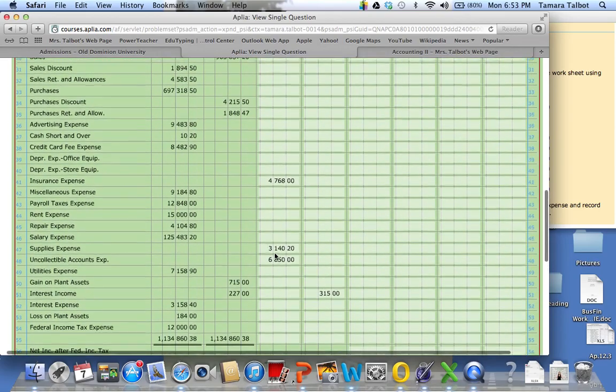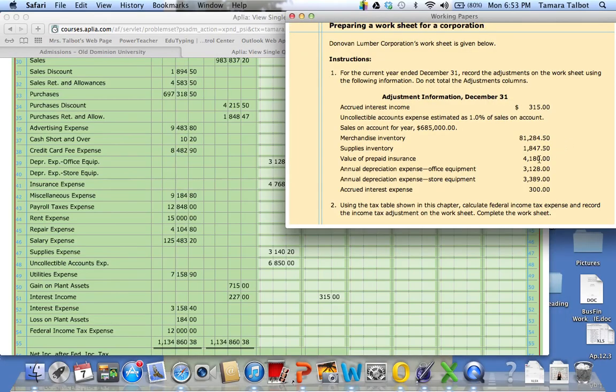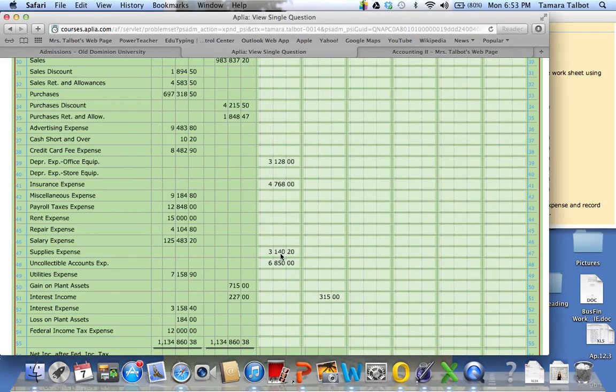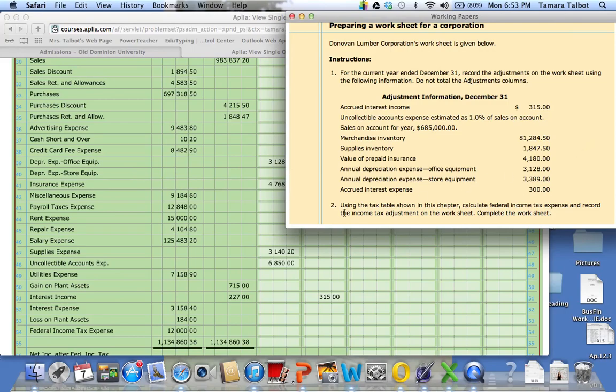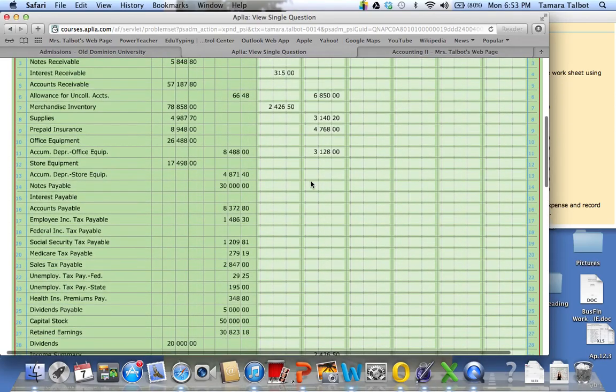Office equipment, went too far. Be a debit. $33.89 is store equipment. Look up here.